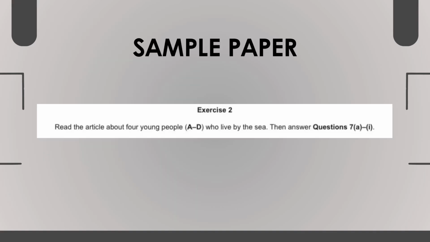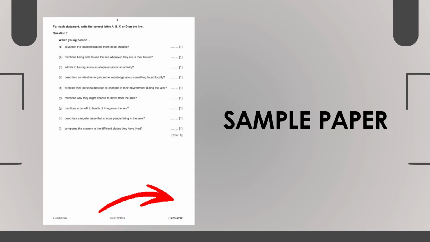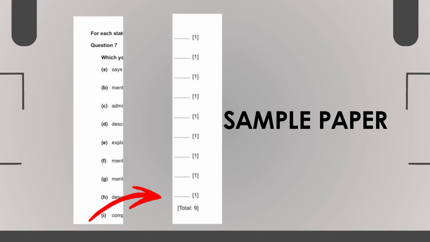Exercise 2 consists of only one question, that is question 7. But in question 7, there are 9 other small, short questions that you need to answer one by one. Again, the allocation of marks is given at the end of the whole set of questions.